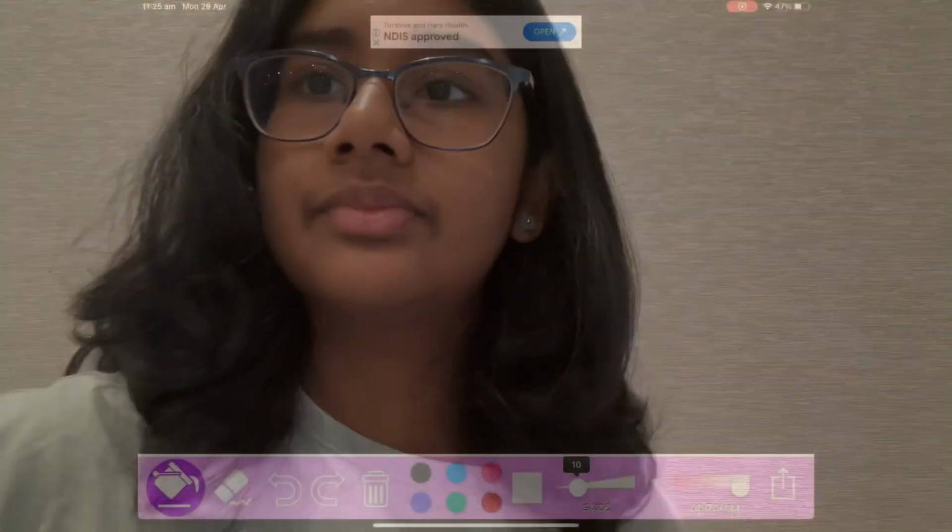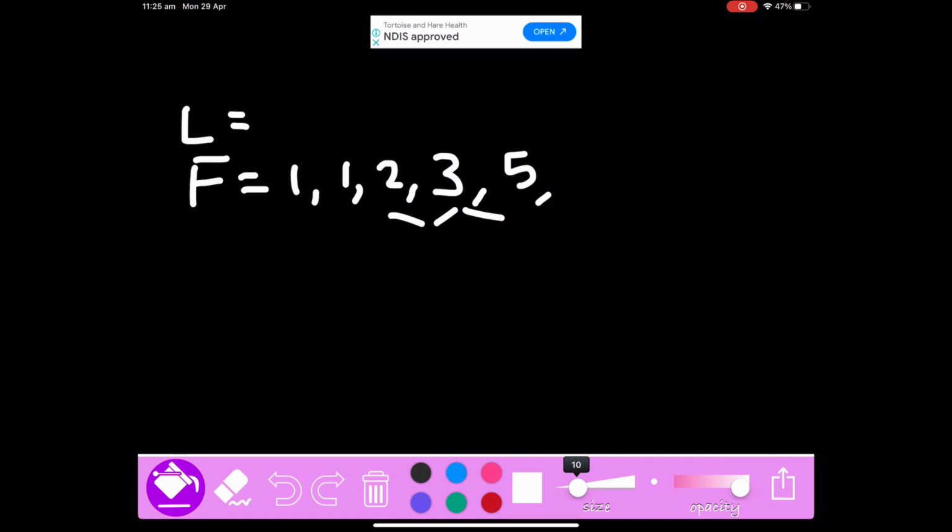Let me show you. I'm going to be comparing the Lucas sequence to the Fibonacci sequence. The Fibonacci sequence starts with 1, 1, so it can equal 2. So 1 plus 2 would equal 3, 2 plus 3 would equal 5, 3 plus 5 would equal 8, 5 plus 8 would equal 13, 8 plus 13, and so on.